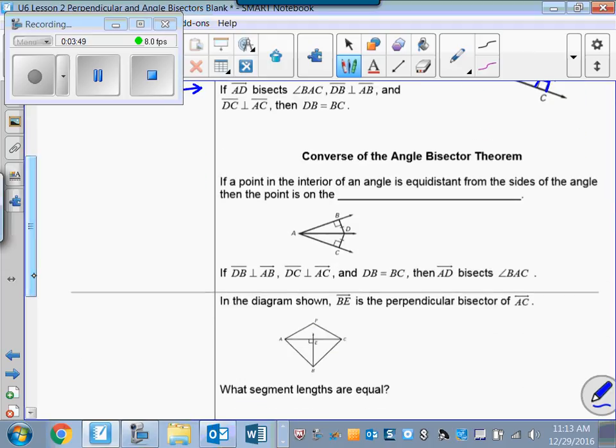And then of course we have the converse that says if a point in the interior of an angle is equidistant from the sides of the angle, so this point D, then I know the point is on the angle bisector.